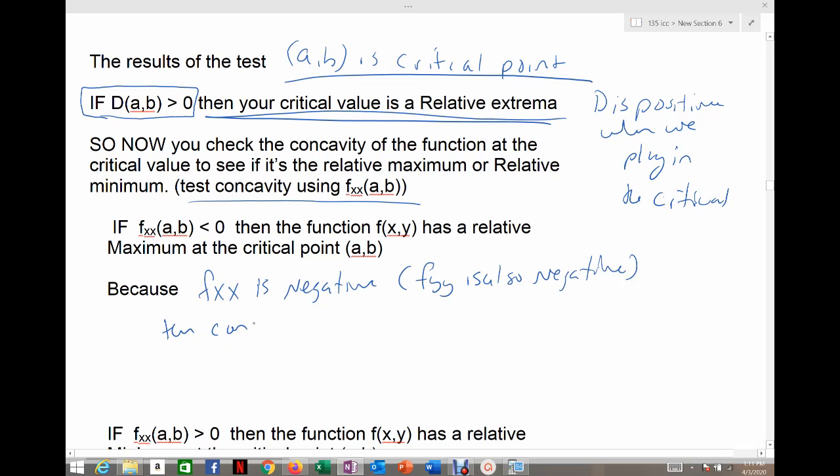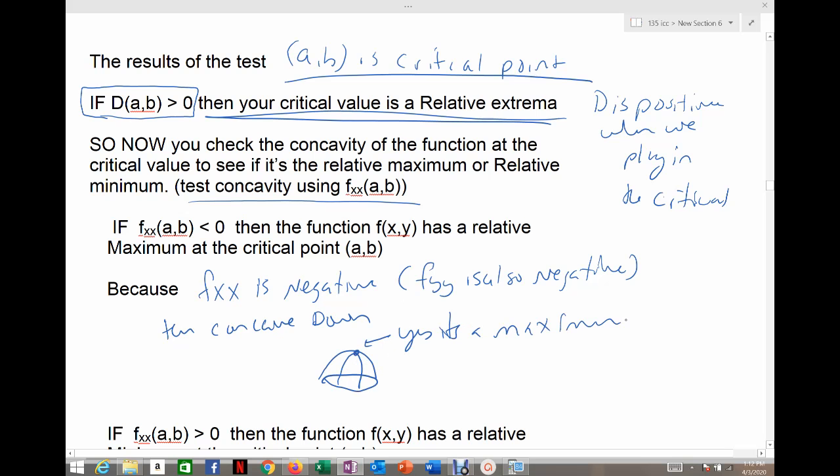Then it's concave down in both directions. The D says it's moving the same way in both directions. So I'm concave down in the x direction and concave down in the y direction, and so I have to have this type of shape. So yes, it's a maximum.